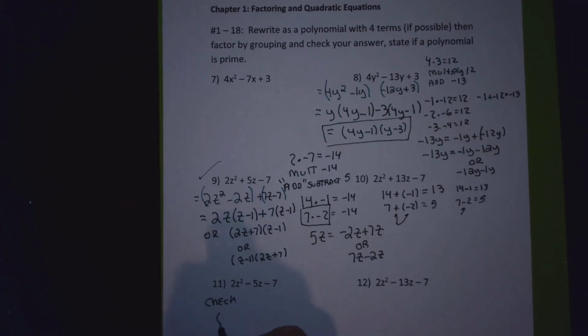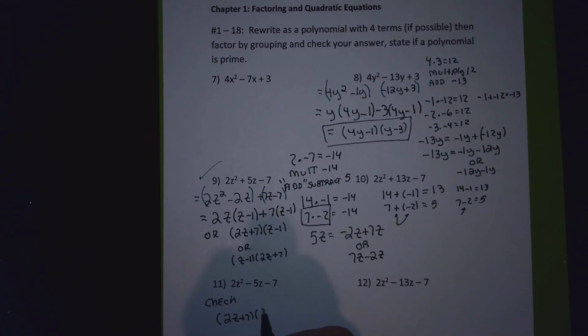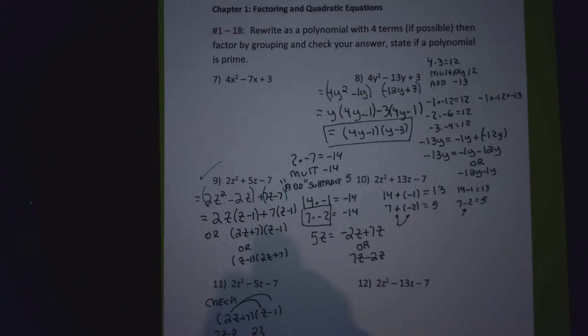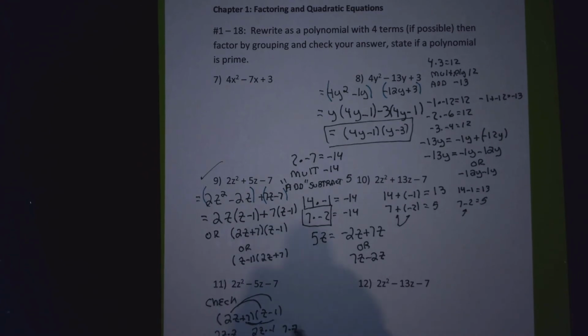I'm going to check the 2z plus 7 times z minus 1. I'm going to start off multiplying 2z times z, and then 2z times minus 1, and then 7 times z, and 7 times minus 1.